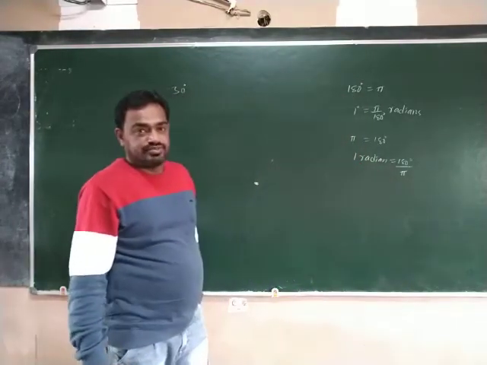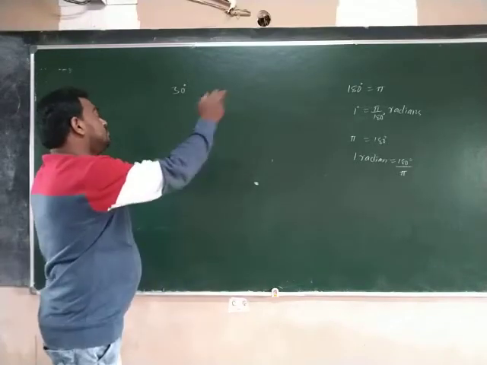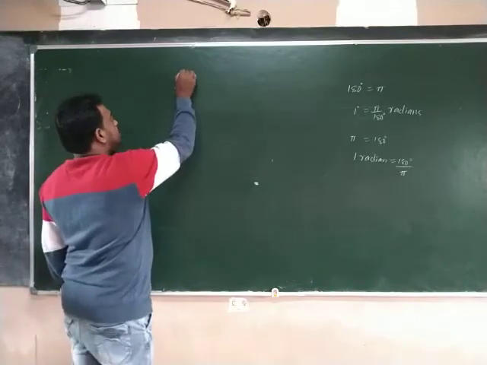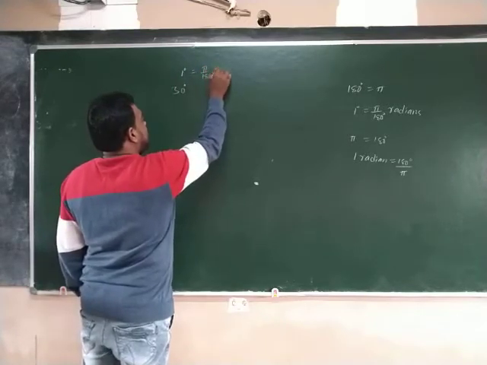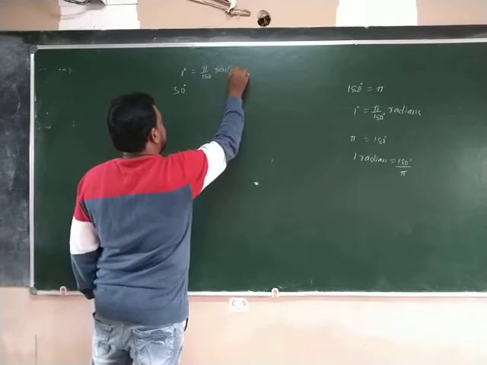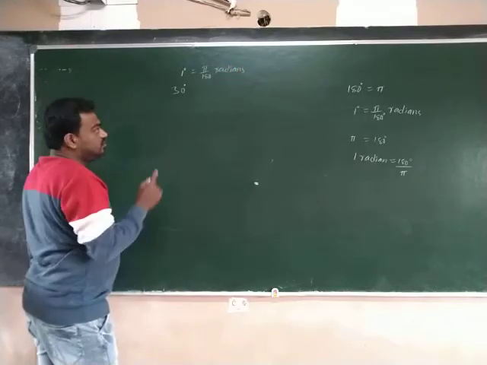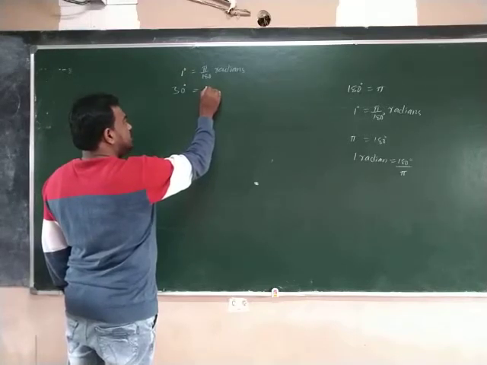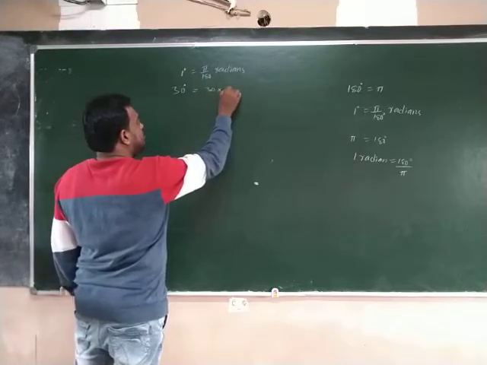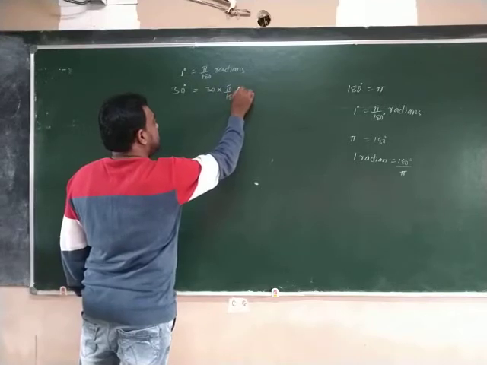This is the conversion. Just remember that 1 degree is equal to pi by 180 radians. Now 30 degrees is equal to 30 into pi by 180 radians.